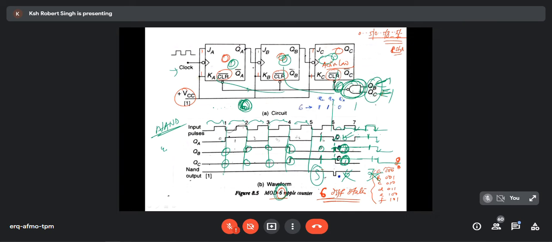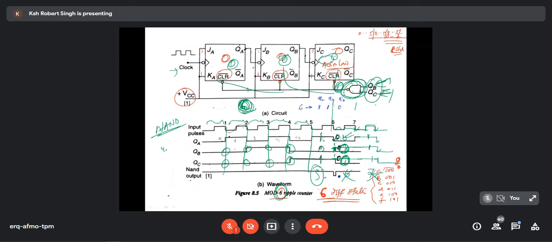Yes, it appears. Don't say that it never appears. It appears in a very short period of time. After that, 0. Since it appears for a very short period of time, we neglect it.